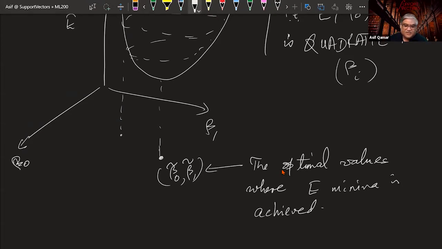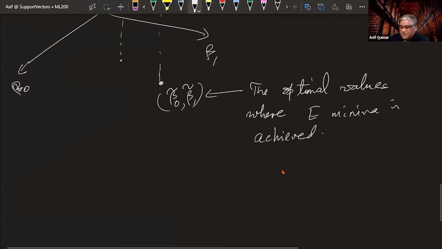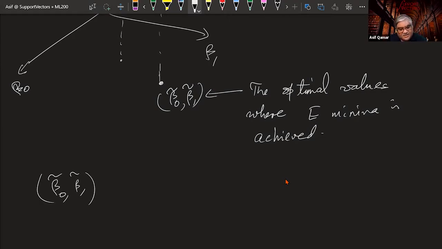In other words, what you are searching for in this space is this point, beta naught, beta 1, which represents in the beta space, right? Let me write it as a beta tilde vector.